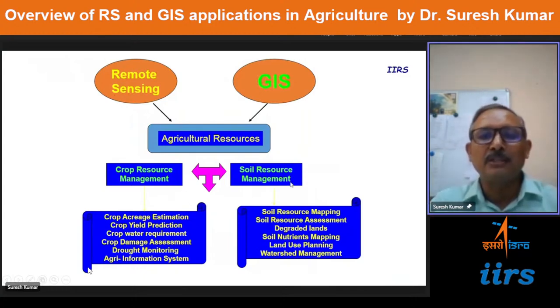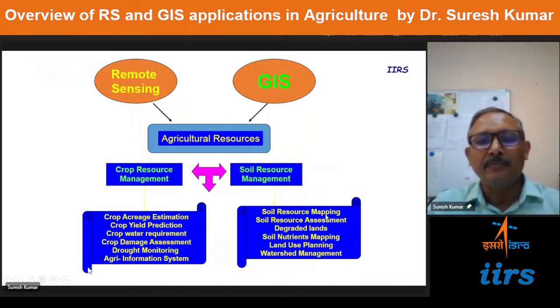When I come to soil resource management, the major topics are soil resource mapping, to know the kind and properties of soil so that we can use them properly. Soil resource assessment means the potential suitability of soil for various uses.